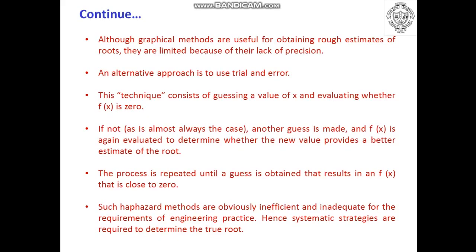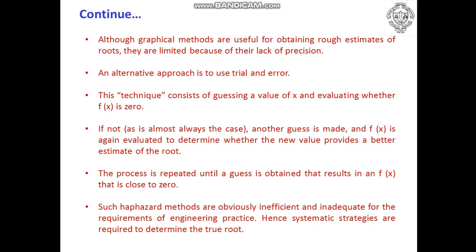Although graphical methods are useful for obtaining rough estimates of roots, they are limited because of their lack of precision or accuracy. An alternative approach is the trial and error method. This technique consists of guessing a random value of x and evaluating whether f of x is 0. If not, as in almost all cases, another guess is made and f of x is evaluated again to determine whether the new value provides a better estimate of the root, and the procedure is continued.